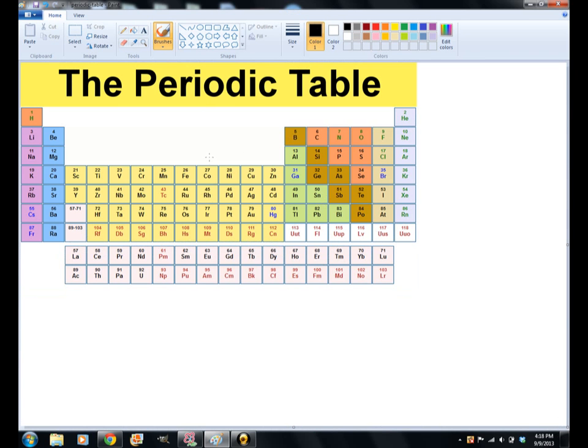So we have lithium, which is Li, and lithium wants to become a noble gas, which is what we call these guys right over here. So for lithium to do this, lithium has to lose an electron.